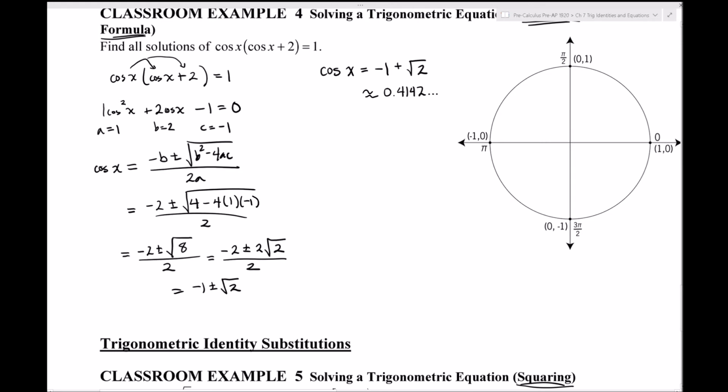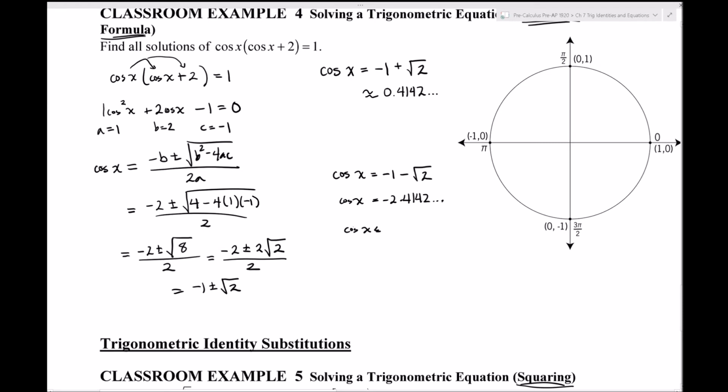That's one problem. Another problem: cosine x is equal to -1 minus the square root of 2. Calculator again. -1 minus the square root of 2, and you're going to get -2.4142 something something something.